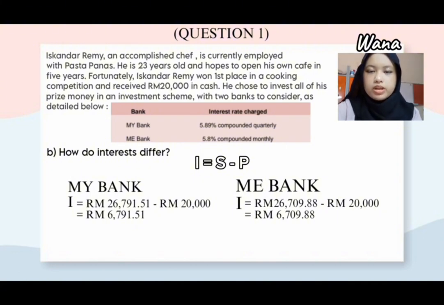As for ME Bank, the interest will be equal to 26,709 ringgit 88 cents minus 20,000 ringgit, and the answer will be 6,709 ringgit 88 cents.